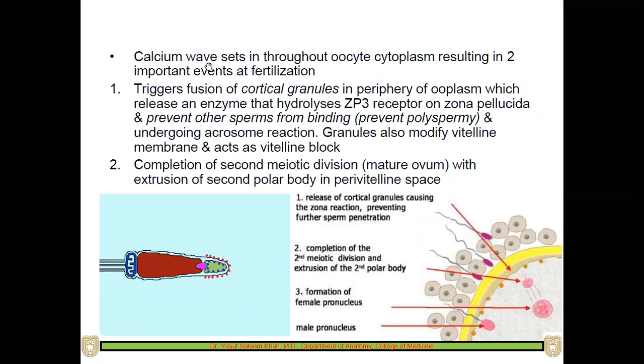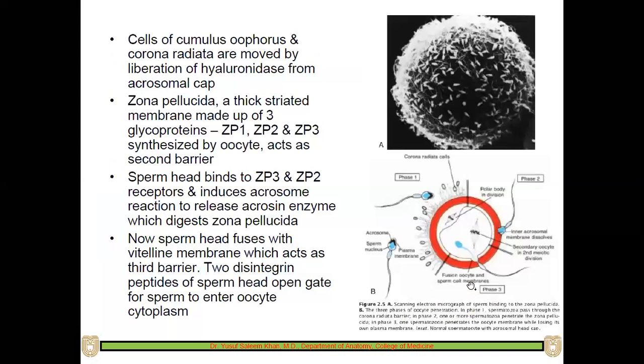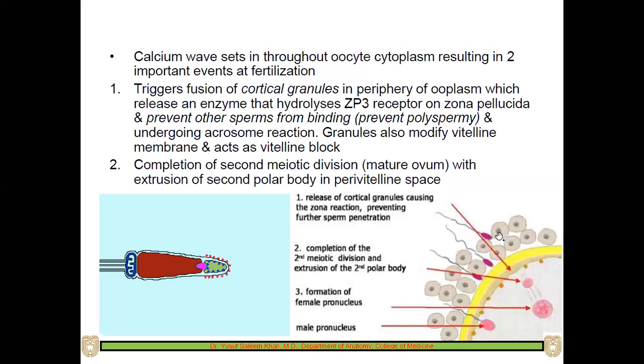So the calcium wave sets in throughout the oocyte cytoplasm, resulting in two important events. Once the sperm head has entered, it leads to a calcium wave within the oocyte, which leads to two changes within the oocyte.